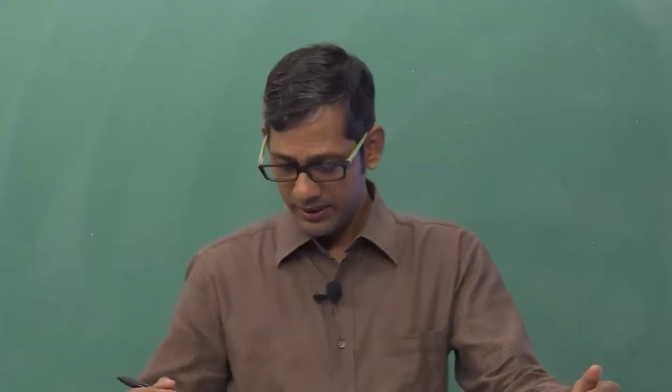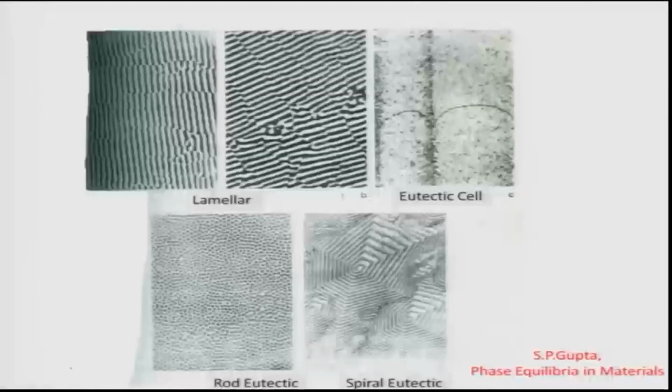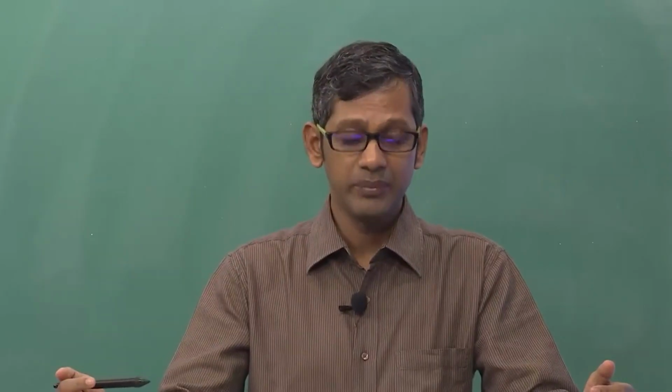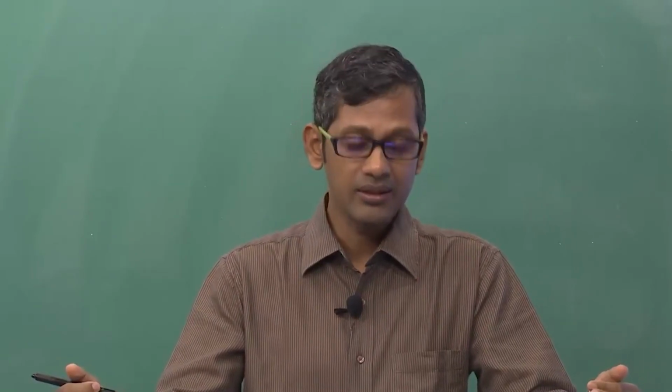These pictures are taken from the book Phase Equilibria in Materials by one of my former colleagues, Professor S.P. Gupta at IIT Kanpur. The eutectic, specifically the binary eutectic, is a two-phase mixture, so different morphologies are possible. The most commonly observed morphology is the lamellar.